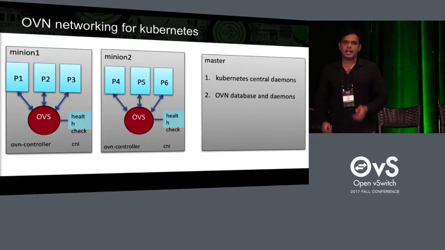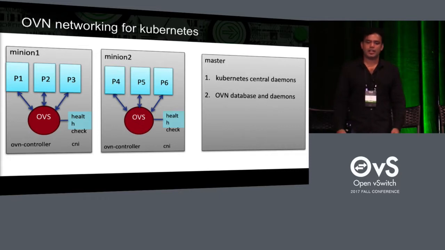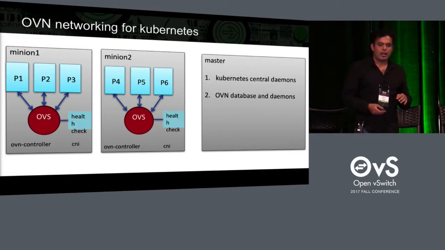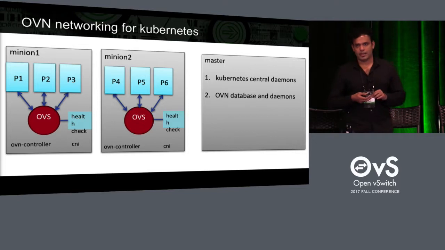So what does OVN's networking for Kubernetes look like? In this slide, I have 3 hosts. There is a master where Kubernetes daemons run and also OVN's databases run. And the other two hosts are called minions. That's where Kubernetes schedules its pods. On each of those minions, we have a CNI plugin.